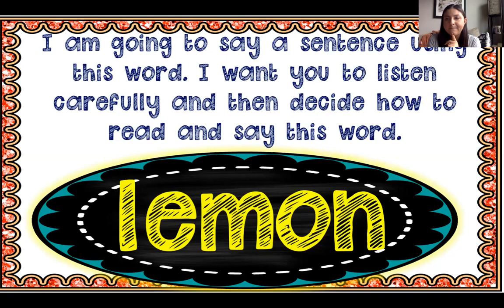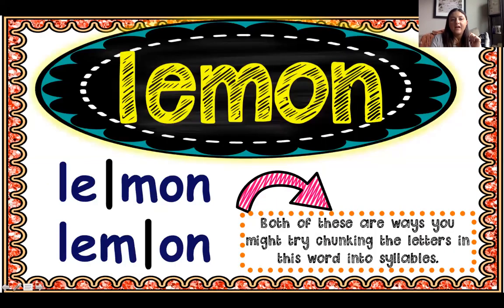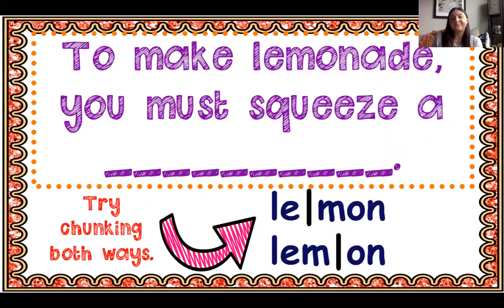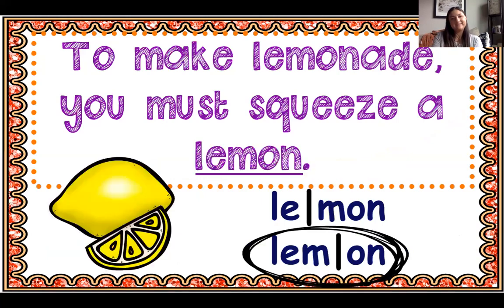Should I have said lemon or lemon? I know that that one's going to be with a short sound, lemon. All right. So this is one where I can practice. Lemon or lemon? What are you thinking? Lemon. To make lemonade, you must squeeze a lemon.